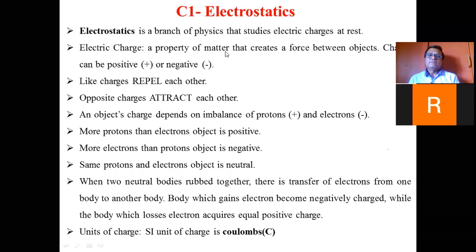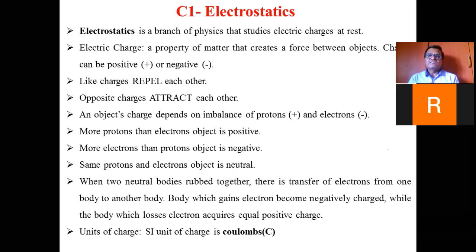Now, due to some incidents, there may be an imbalance of electric charges, that is, an imbalance of the number of electrons and the number of protons. If there is an imbalance of charges, then such a matter becomes electrically charged.